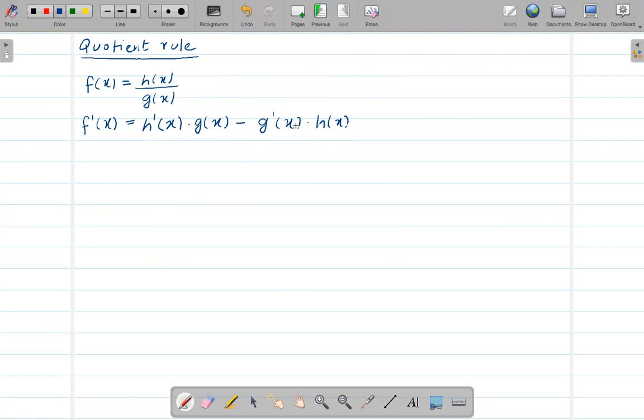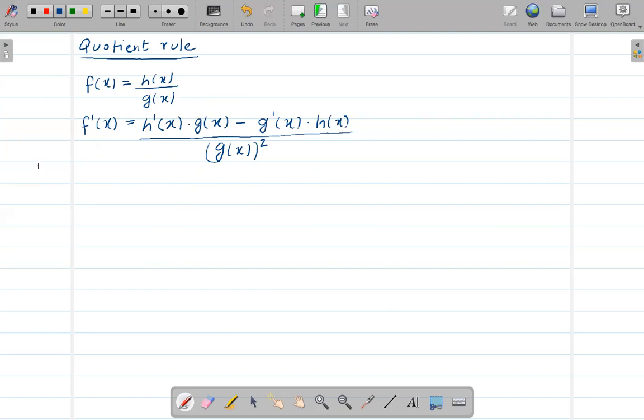Minus. Now, after that, take the derivative of the denominator times just the numerator. So first you're taking the derivative of the numerator times the denominator, which will be the same, minus, the derivative of the denominator times the numerator, which will be the same, over the square of the denominator. Okay, so this is a rule. This is called the quotient rule.